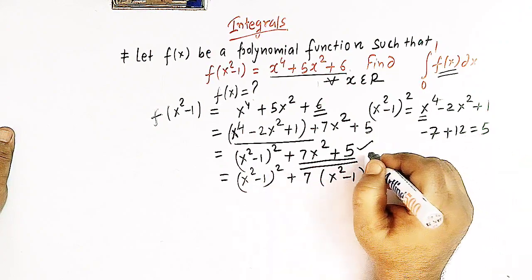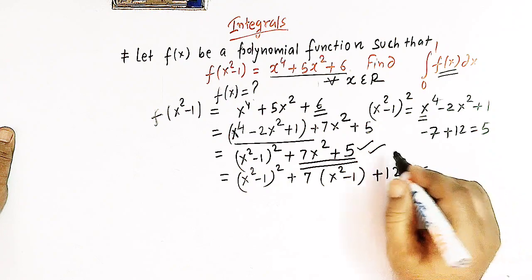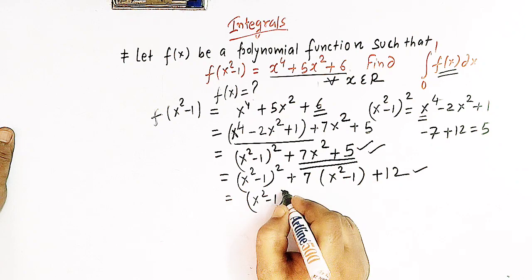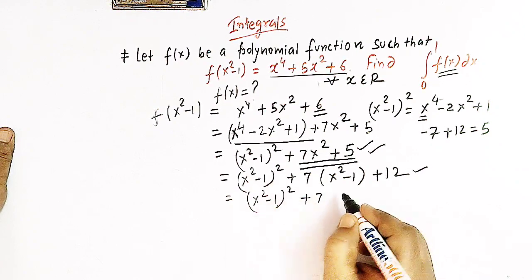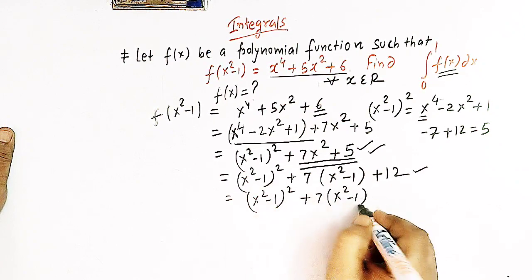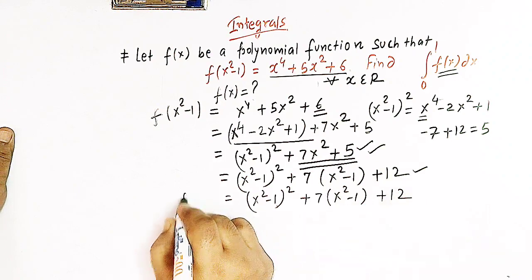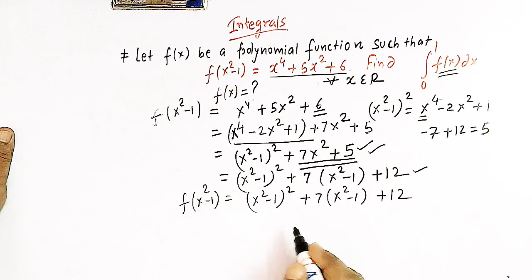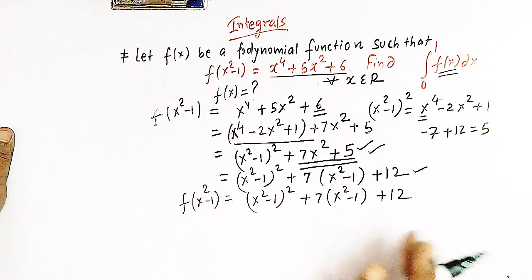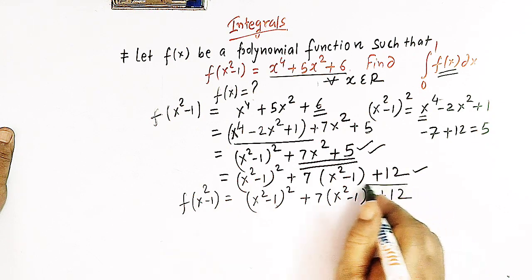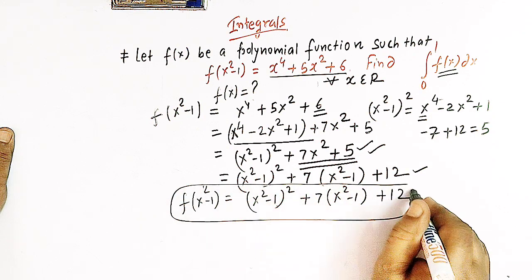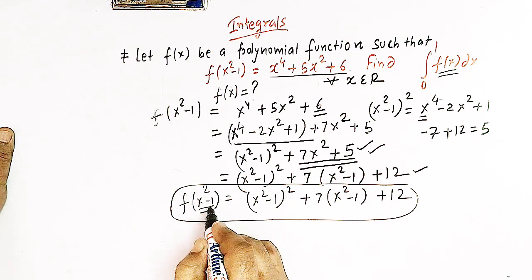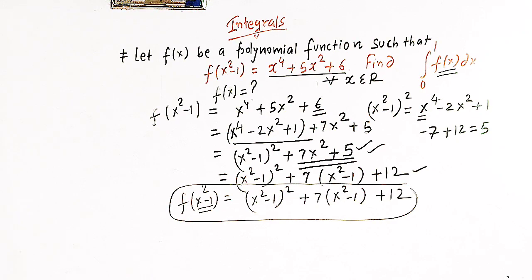So this term and this term are equivalent. So now we can write x square minus 1 whole square, plus 7 times x square minus 1, plus 12. So the expression for f of x square minus 1 in terms of x square minus 1 is given by this one, right?